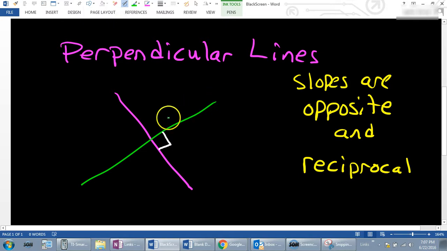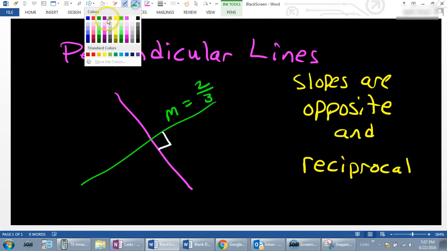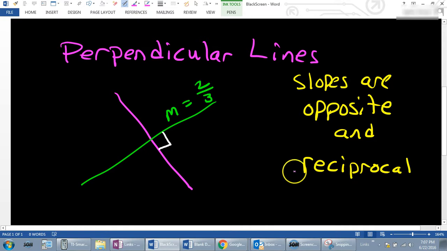Okay, if the green line had a slope of 2/3, do you know what the reciprocal of 2/3 is? The opposite? Well, what do you mean by that? Tell me what the reciprocal of 2/3 is. 3/2. Okay, the reciprocal is what you get when you turn this fraction upside down.